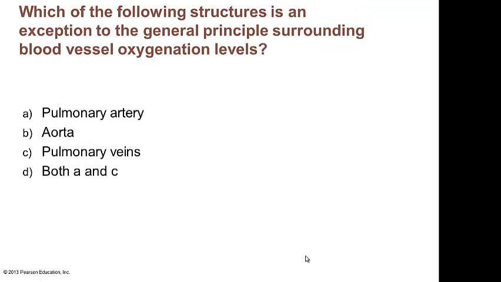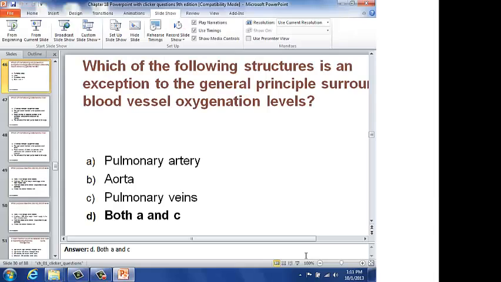Which of the following structures is an exception to the general principle surrounding blood vessel oxygenation levels? Pulmonary artery and? So it would be D. Oh, yes, A and C. Okay? So we good?